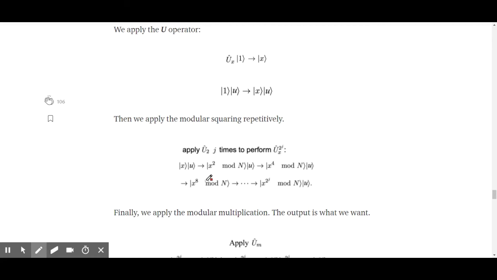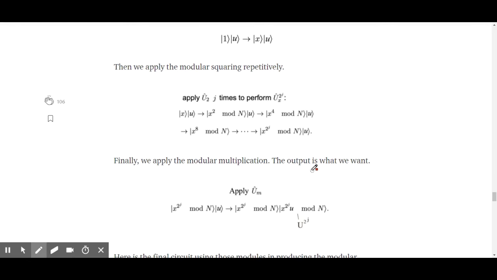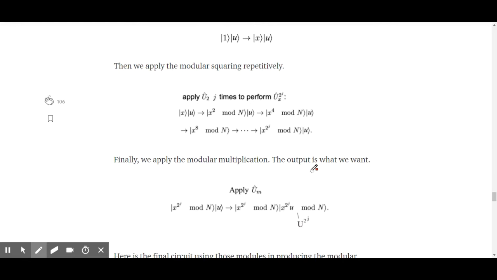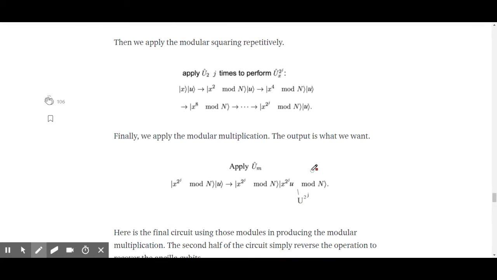To perform that. Okay. Finally, we apply the modular multiplication. The output is what we want. This times this, so I assume that's what we're doing.